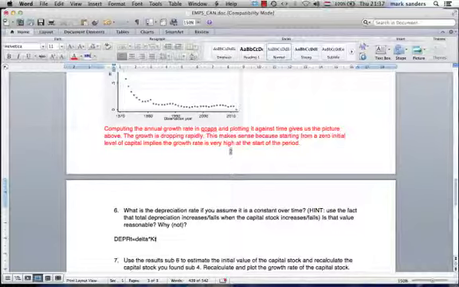So if we assume that it's constant, then the change in depreciation is equal to delta times the change in the capital stock.